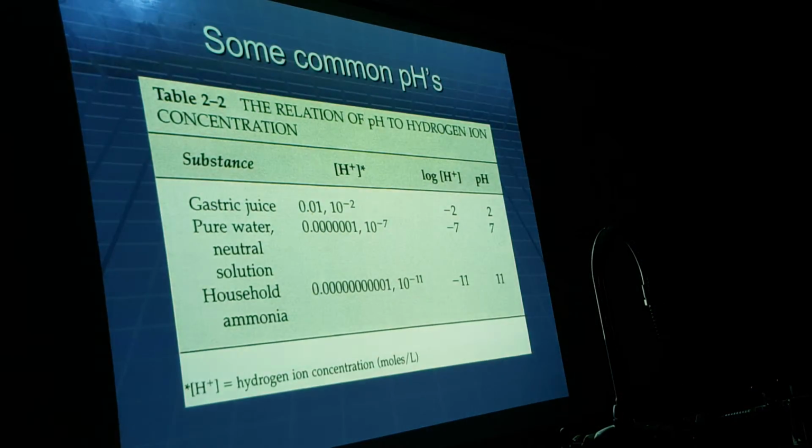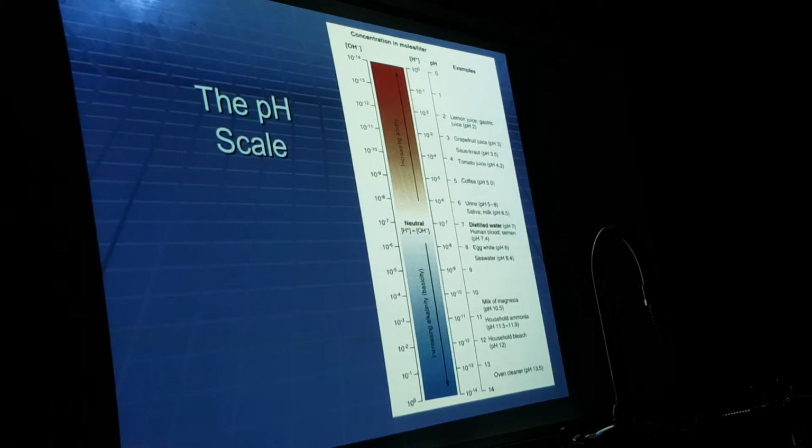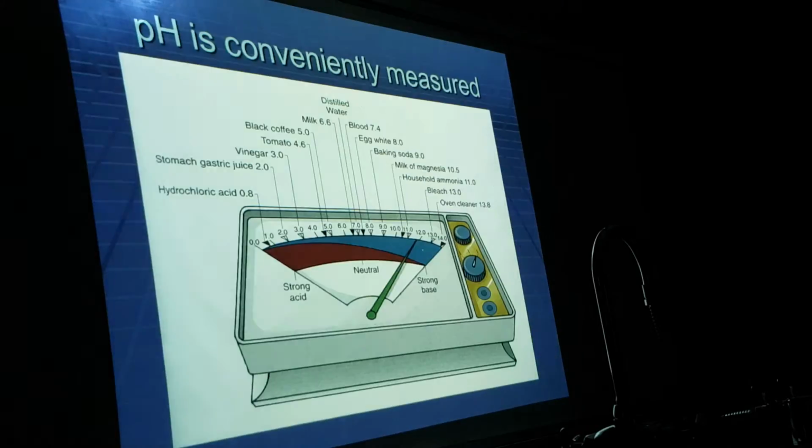And so there we see the pH of neutral water is 7. The pH of stomach contents is about 2, which is incredibly nasty. The pH of oven cleaner is about 13. The pH of household ammonia is about 11. And there's the pH scale again.